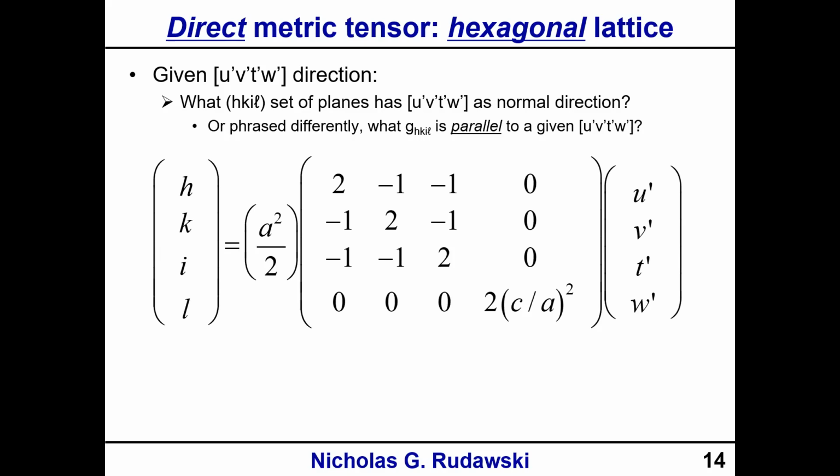We can see we have a c/a ratio there in the bottom. Since we're assuming an ideal c/a ratio for ideal HCP or wurtzite, we could substitute that in if we wanted to. But this is what we get for a hexagonal lattice in general as a direct metric tensor.